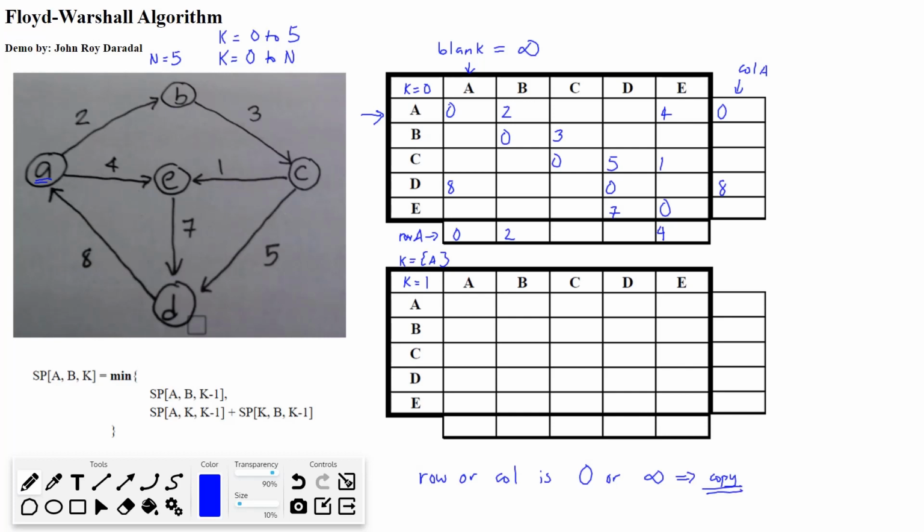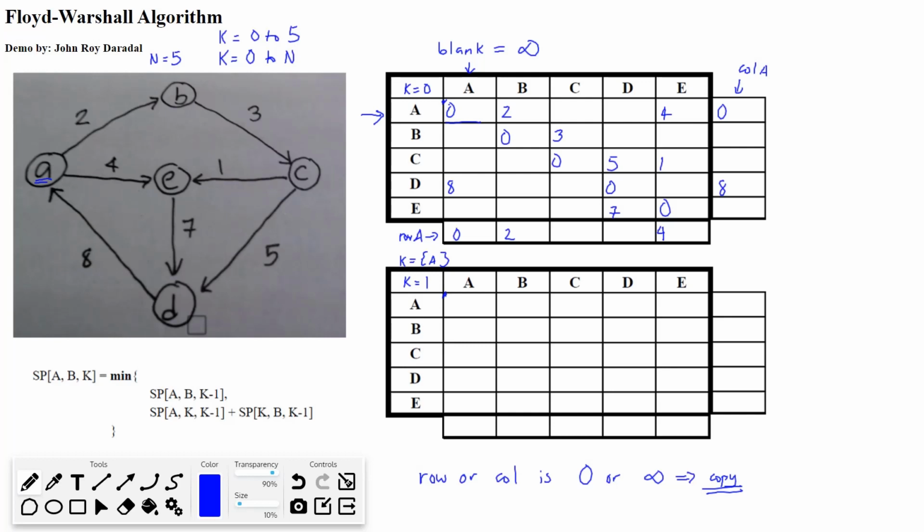So take note that for the sub-problem SP of A, B, K, we're currently looking at k is equal to 1, you'll be looking at the previous cells in the previous table, so k minus 1. So let's say for example here in AA in k is equal to 1, you'll be looking at AA here in k is equal to 0, so this one. So you'll be looking at the previous cell in the previous table.